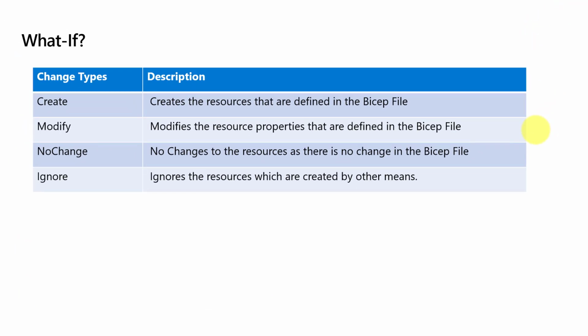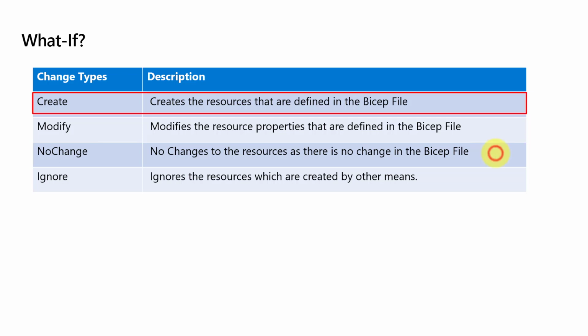So the whatif function provides us a few change types. We have seen two different types. The first one is create. It's very obvious that if our Bicep script is creating any service, then it just says create.